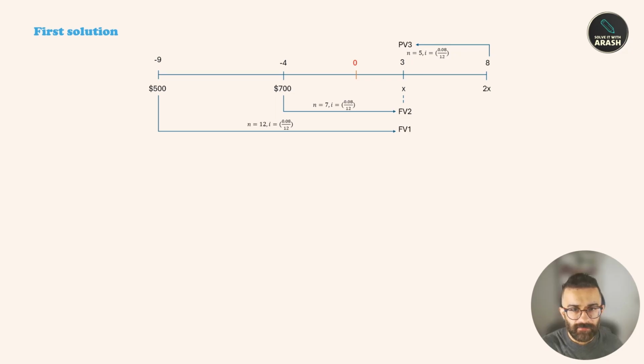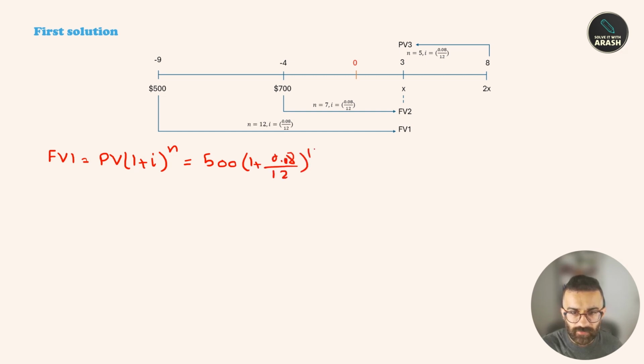Let's start with FV1. FV1 is the future value of 500 after 12 months. I'm going to use PV times (1 plus i) to the power of n, which equals 500 times (1 plus 0.08 over 12) to the power of 12. This equals $541.499753.